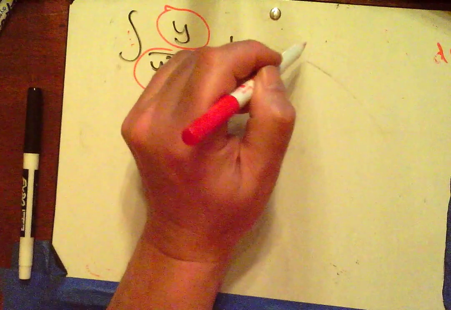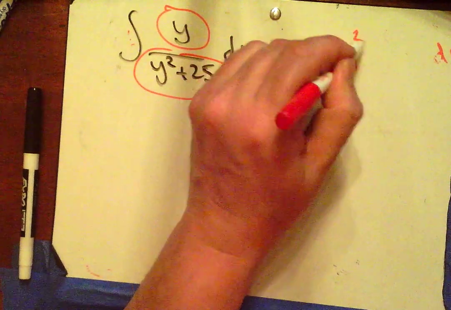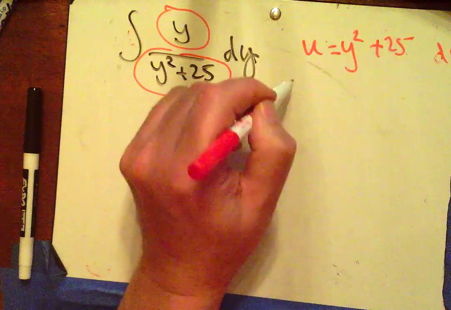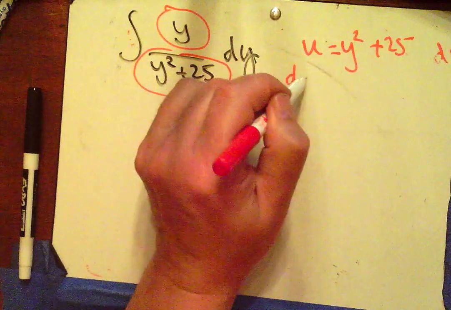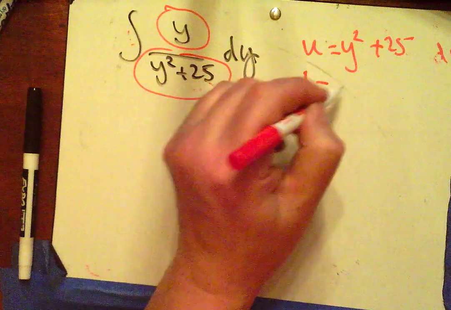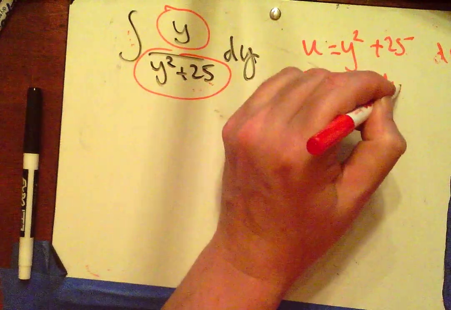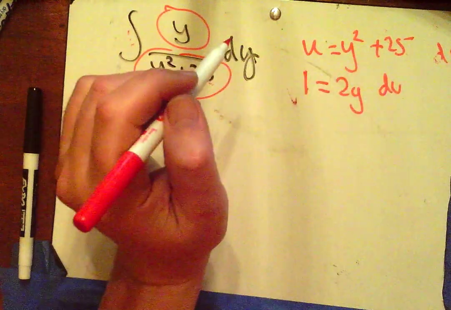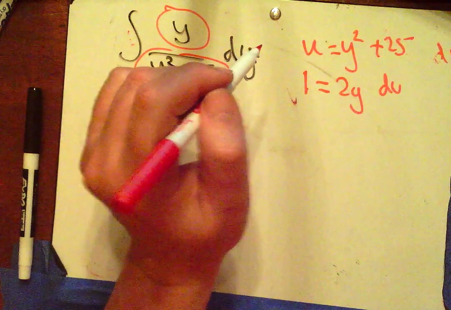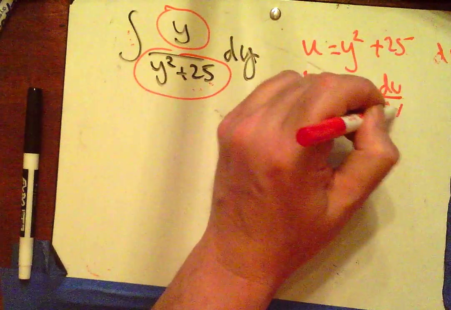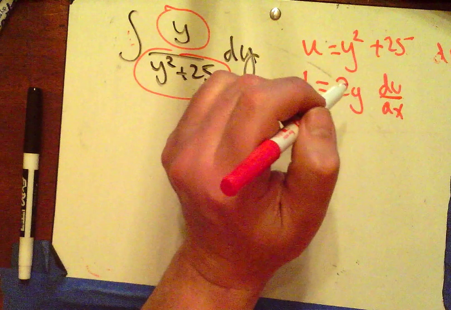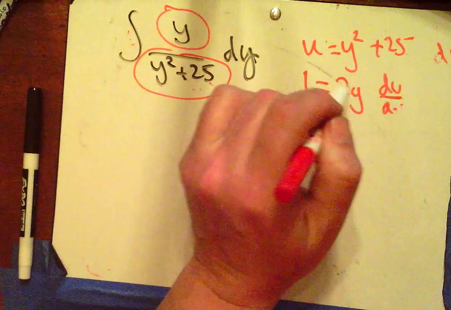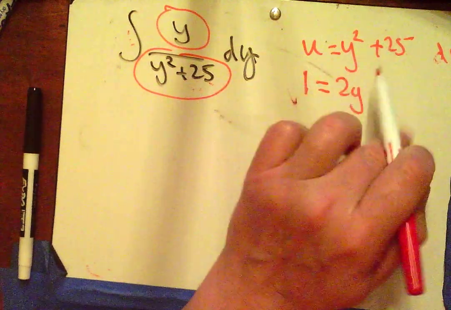So I'm going to say my u is y squared plus 25. So I take the derivative of both sides, I get 1 equals 2y du dx. du dx, no x's. Maybe du dy, but no.